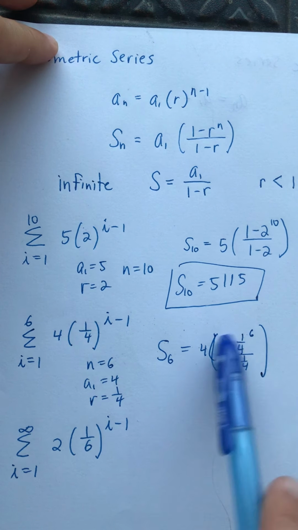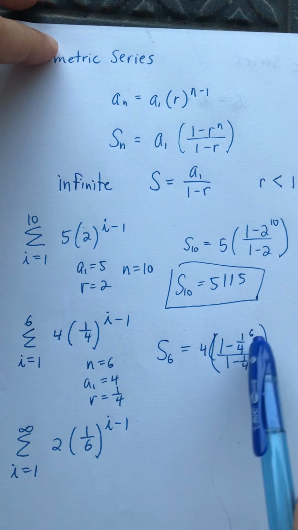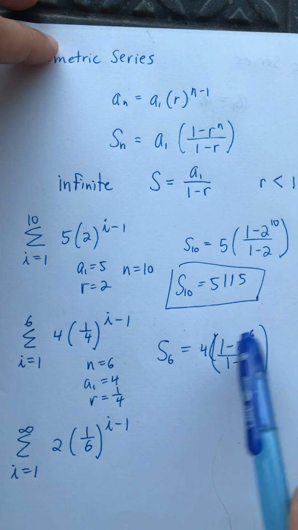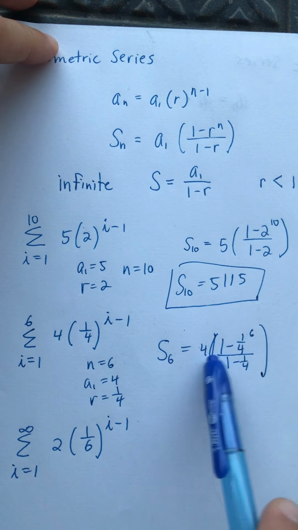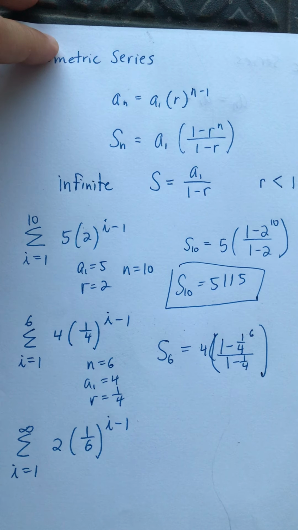For the numerator, I'm going to do 1/4 to the 6th, and then 1 minus that, divided by 3/4, and then times 4.